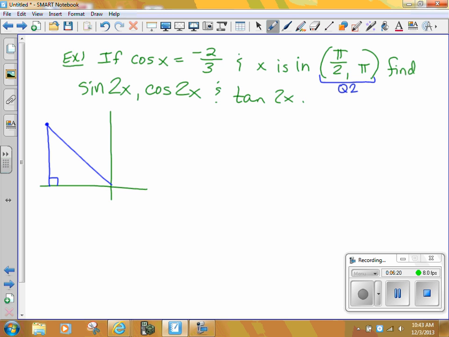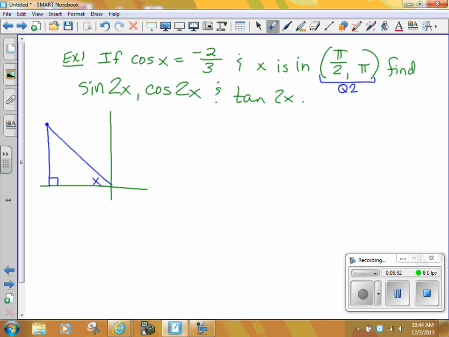Closest to the origin, okay? I know that it's going to be in the second quadrant. I draw my angle in the second quadrant and drop the altitude, which forms my right triangle.